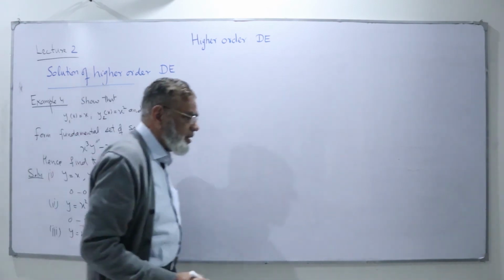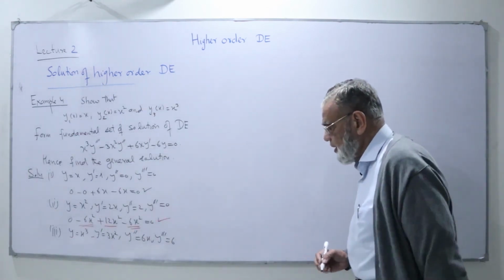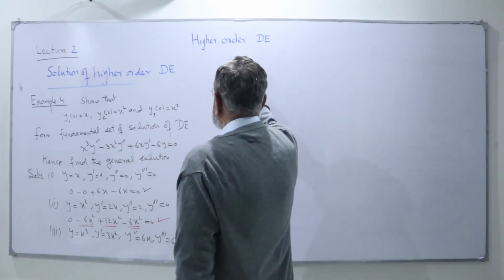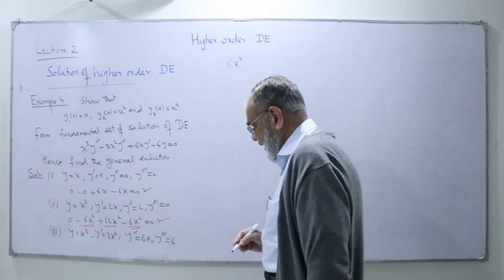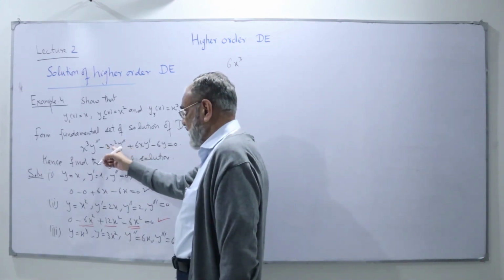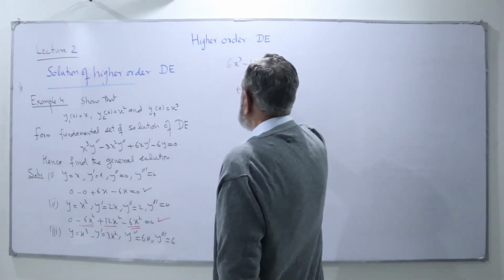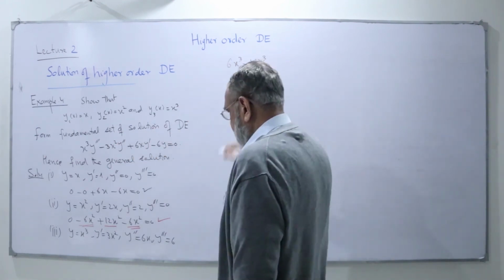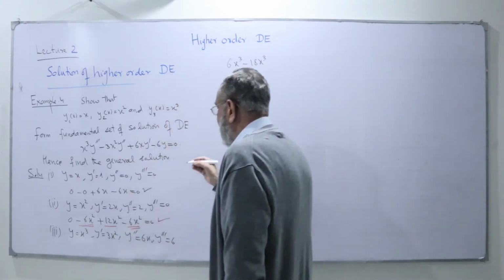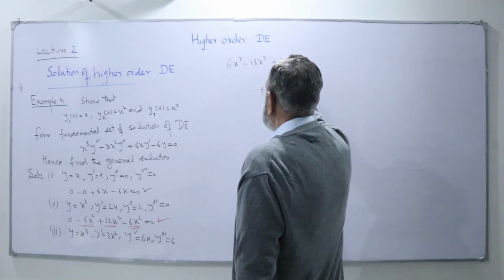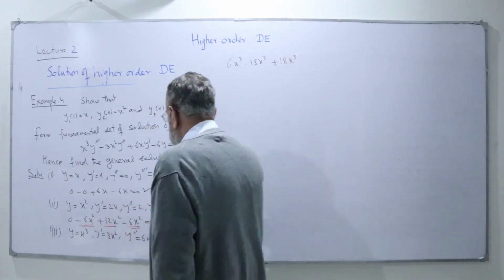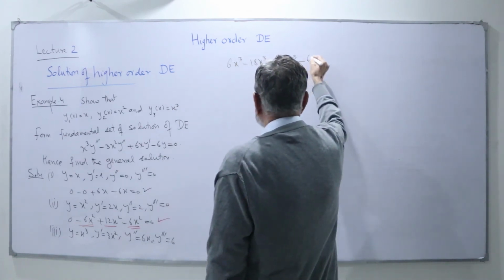Substitute in the differential equation: this is 6, put y double dash, 6x cubed, then y double dash is 6x, substitute 6x, we get 6 into 3 is 18, minus 18x cubed, then y dash is 3x squared, substitute, plus 18x cubed, and then y is equal to x cubed, we get minus 6x cubed.